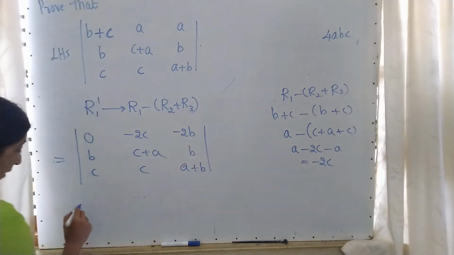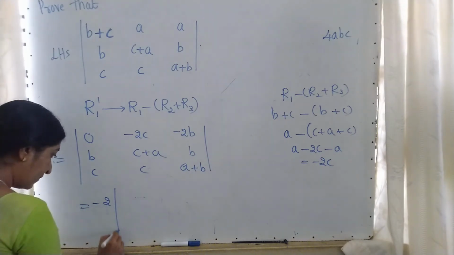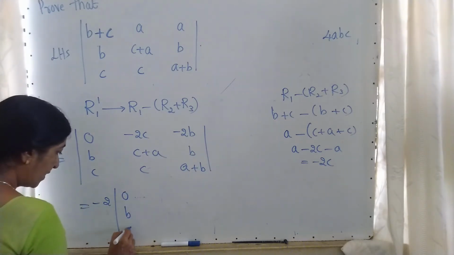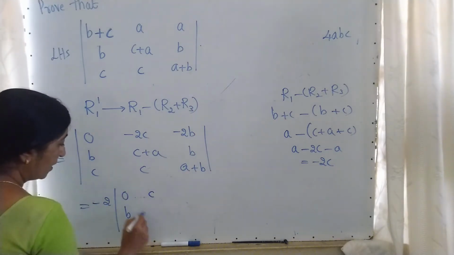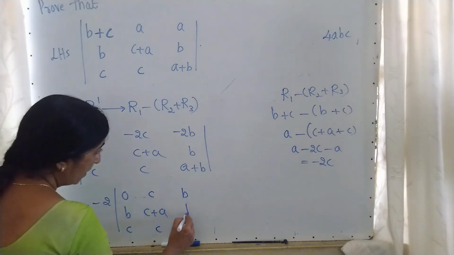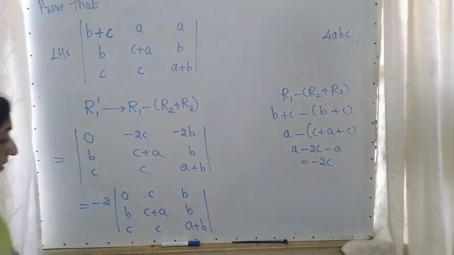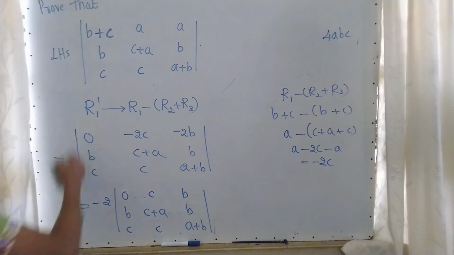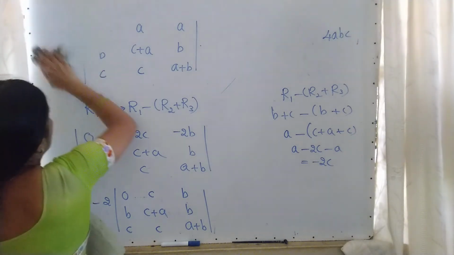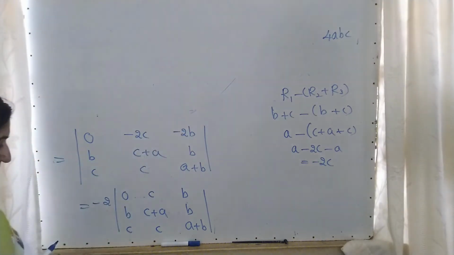For our convenience, in the first row we can take minus 2 common. 0, B, C. This is C, C plus A, C. This is B, B, A plus B. If possible, as I told you, try to make minimum two elements 0. So think which operation we are applying.